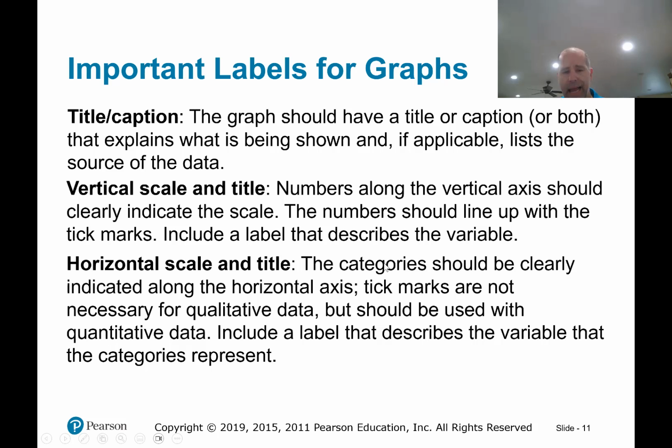And then the horizontal axis should have a label or title and a scale as well. Now, for qualitative data, the tick marks really don't matter, but they would be where the category is listed.